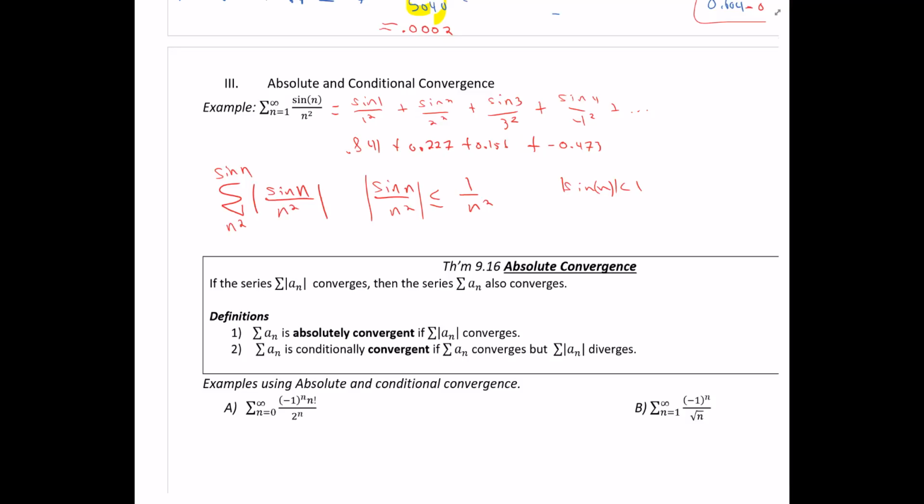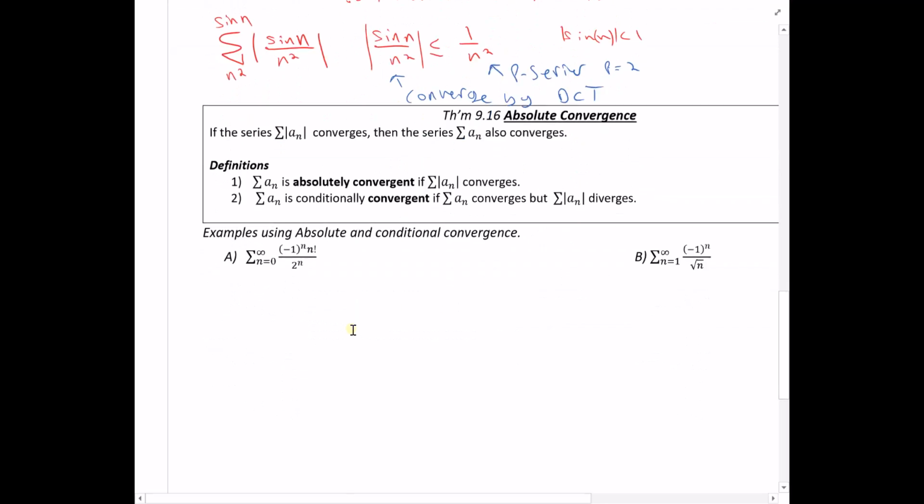This is a p-series with p equal to 2, and that p-series converges, and this one's less than that one, so this one also must converge by the direct comparison test. I don't really think on the AP exam you're allowed to do that, but I don't want to write it out.